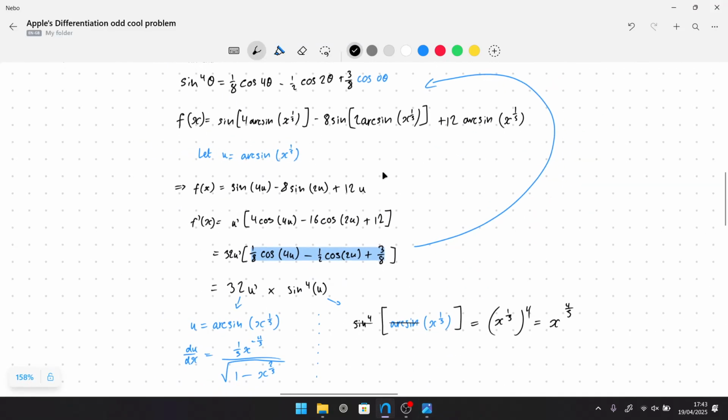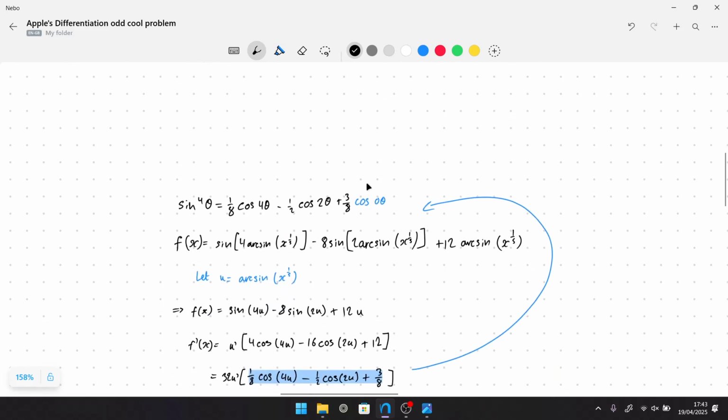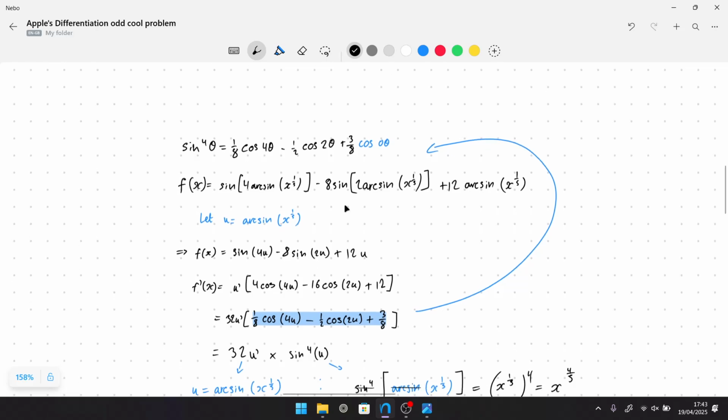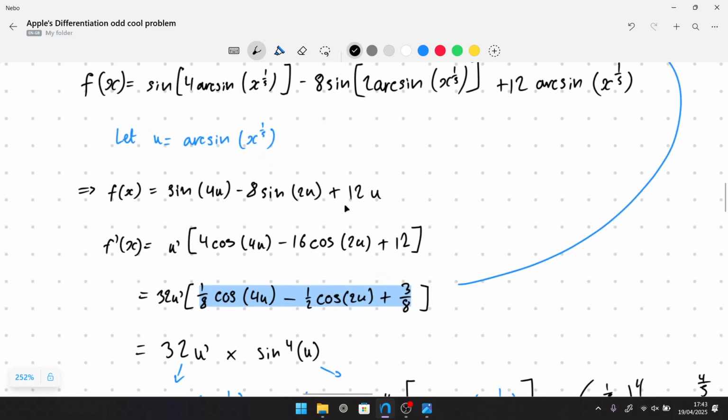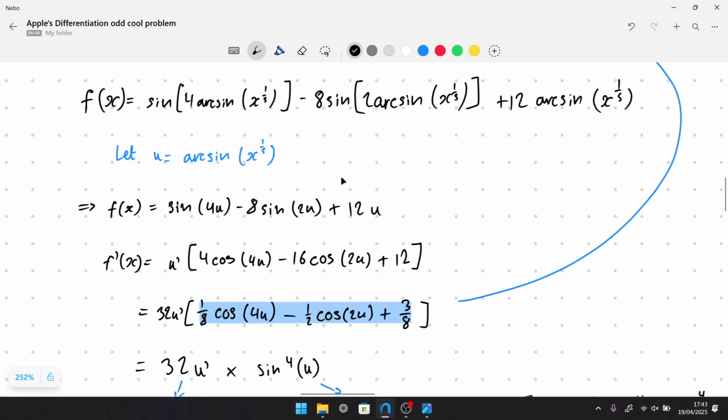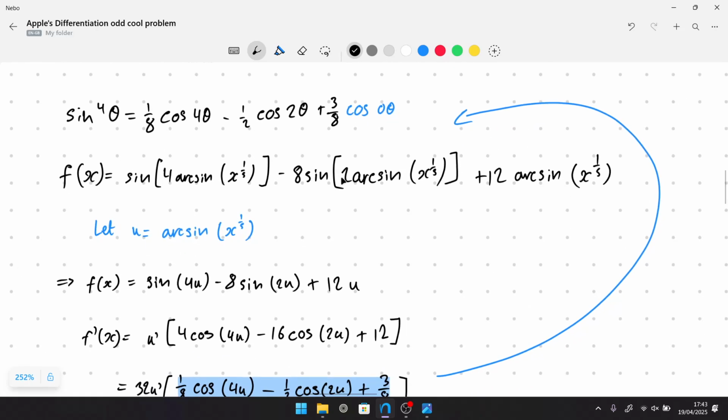So overall, once you understand where to go with it, I guess it's okay. I think the main thing here is realizing that you have to start with differentiation and then use your substitution. Because I immediately thought, maybe I can change it to cos somehow. And you can technically, but you won't be able to use the substitution.